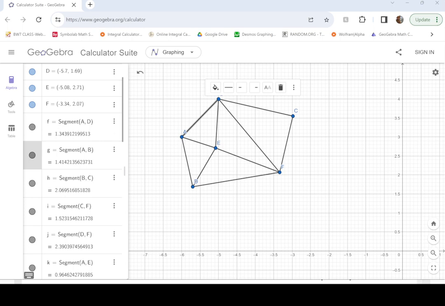We have a graph here with 6 vertices, and then we have several edges. 1, 2, 3, 4, 5, 6, 7, 8, 9, 10 edges. And we're going to just map out a path here. So here I'm going to start at A.